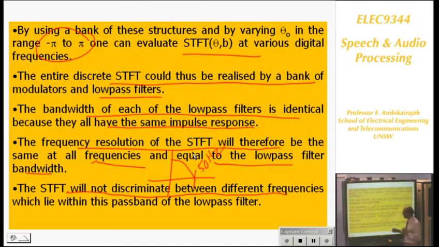If you are trying to recognize 20 hertz and 40 hertz, you won't, because they are within the low-pass filter band. If you are going to recognize, say, 20 hertz and 70 hertz, which is outside this band, then you will be able to recognize. So if the frequency that you are trying to recognize falls within the bandwidth of the low-pass filter, which is within the window of the window function, then you won't recognize that frequency. They won't be seen.